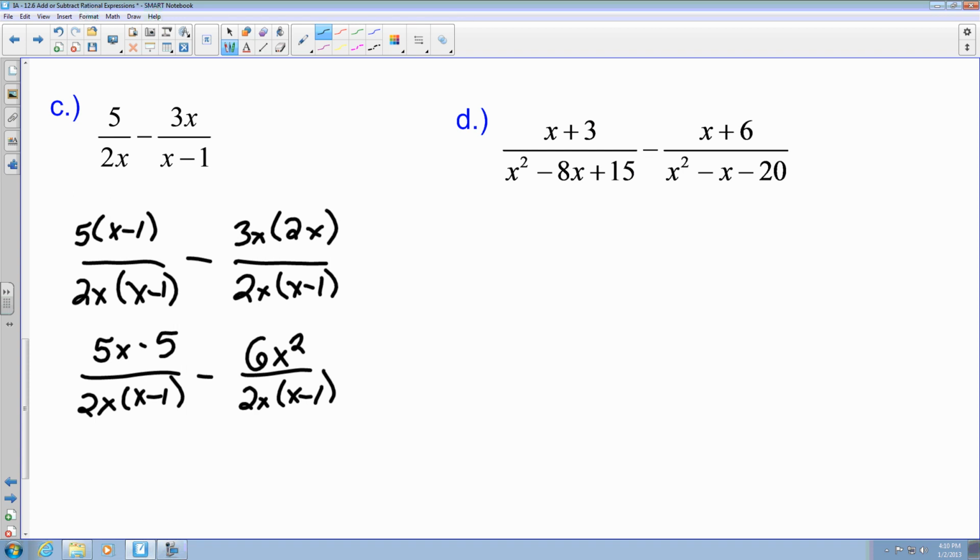And I don't see any common factors here, so I'm just going to rewrite this as negative 6x squared plus 5x minus 5 all over 2x times x minus 1.